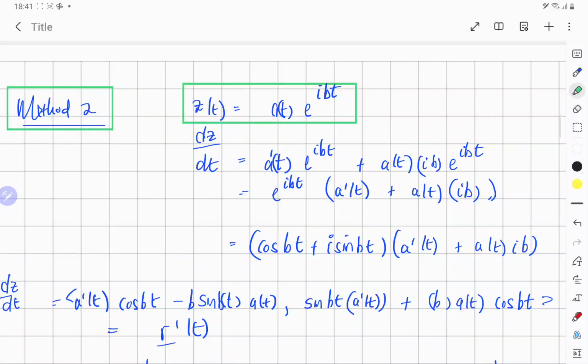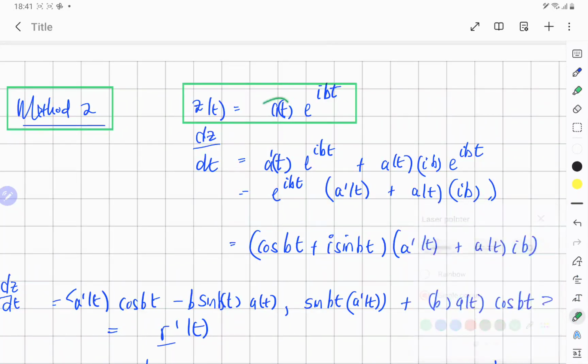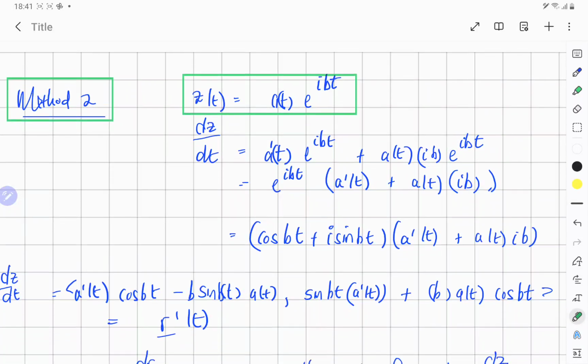So let's run through that quickly. The derivative of a'(t), keep e to the power of ibt as is, plus then a(t) as is. The derivative of e to the ibt is ib times e to the power of ibt.